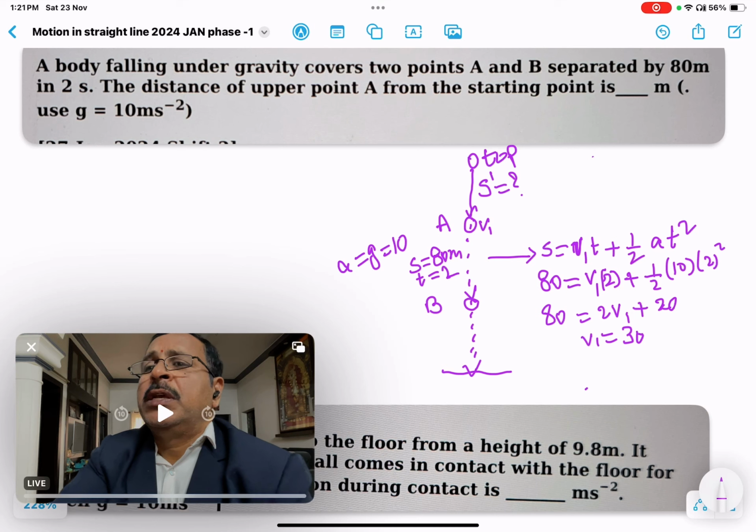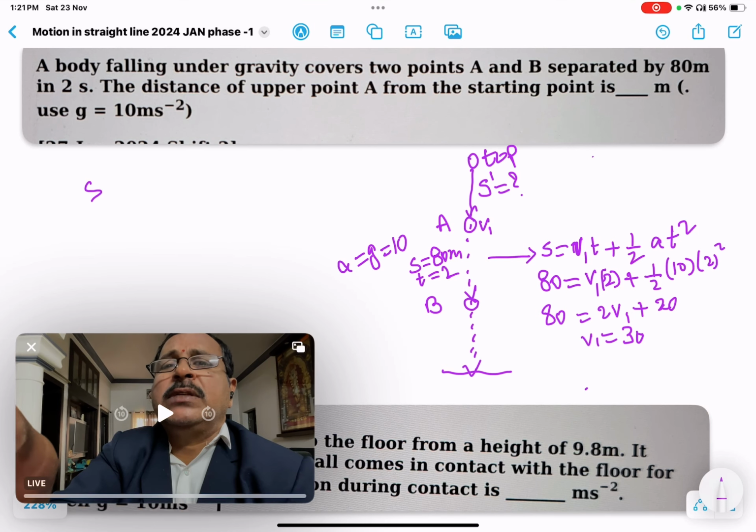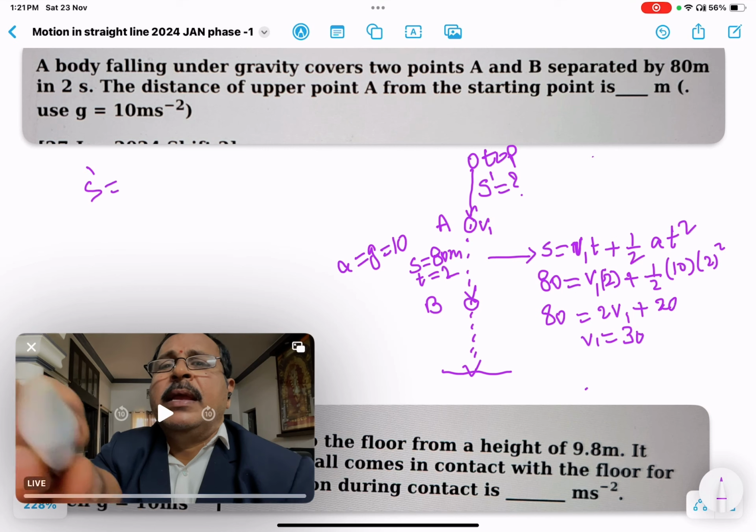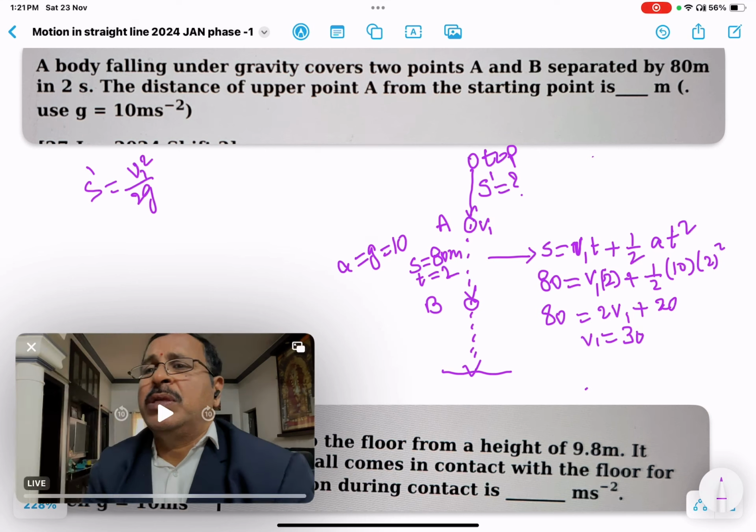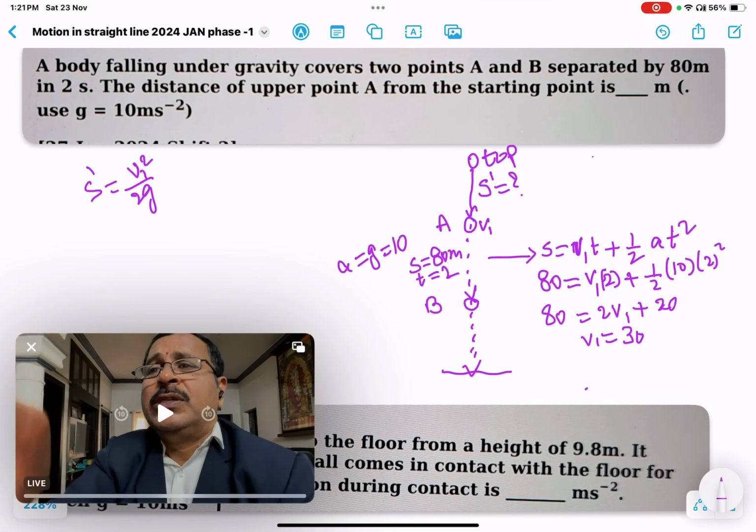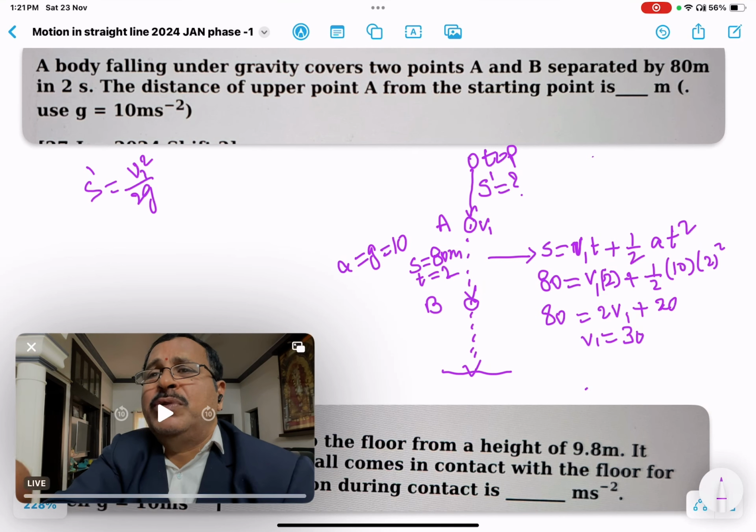My dear students, if you know v1 value, what is the S1 formula? S dash equals v1 square by 2g, because v1 at point A is given and the body is falling from the top level. v1 equals under root 2as, so S1 equals v1 square by 2g.